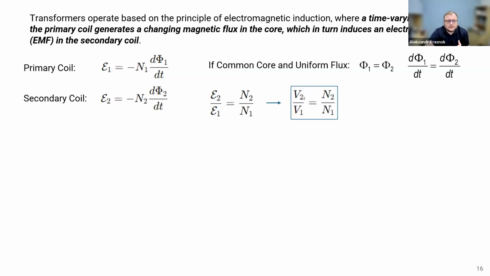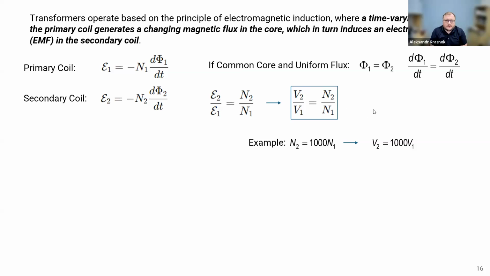This way we get the more well-known formula of a transformer: the ratio of voltages is equal to the ratio of winding numbers in the primary and second coil.